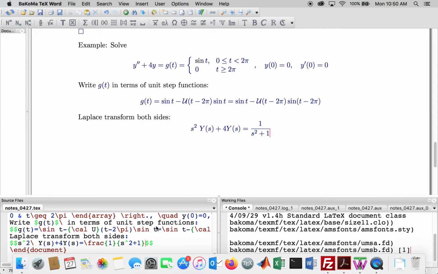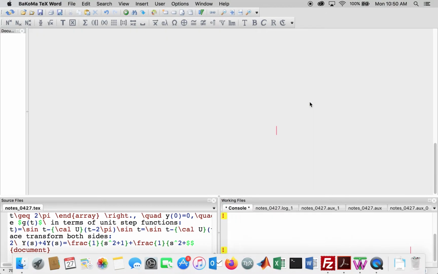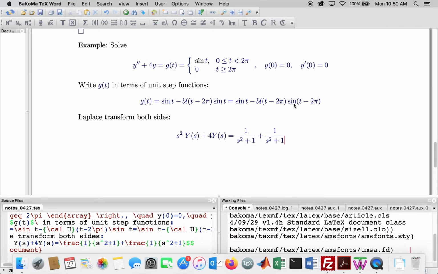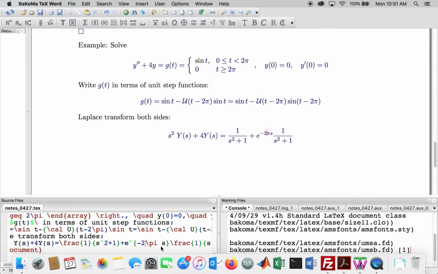Well, what we use is the rule for a function being multiplied by a unit step function. So we transform this function unshifted. So the transform of sine t times what we get from the step function, and that's going to be equal to e to the minus 2 pi s. And we have a minus here because of a minus right here.